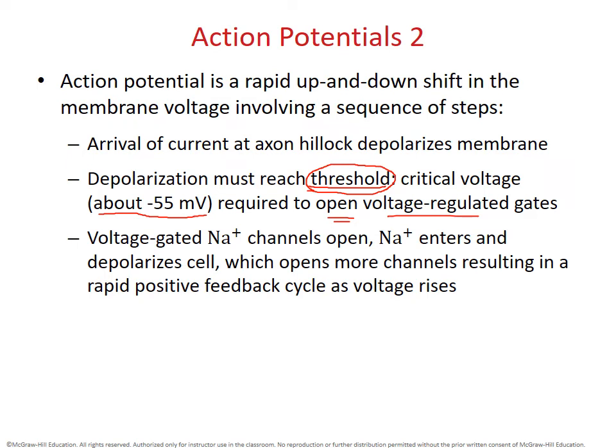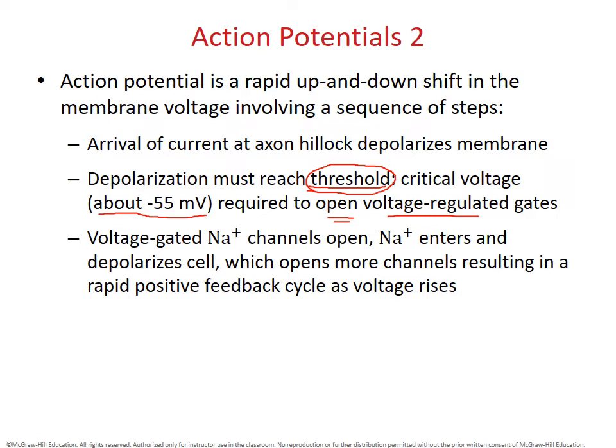If resting is minus 70, as we've assumed throughout this discussion, then yes, threshold is going to be about minus 55, because minus 55 is 15 millivolts less negative than minus 70. But there's no guarantee that all neurons and all cells in the body will have a resting potential of minus 70. There is some variation.